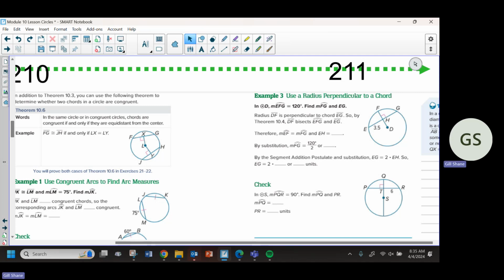Oh, so let's see. Arc EFG is 120. Find arc FG and EG. What?